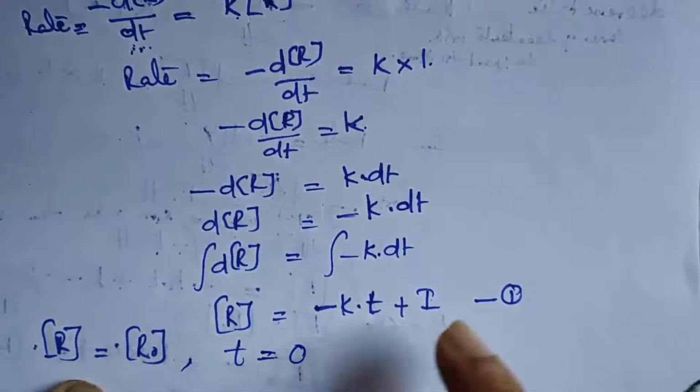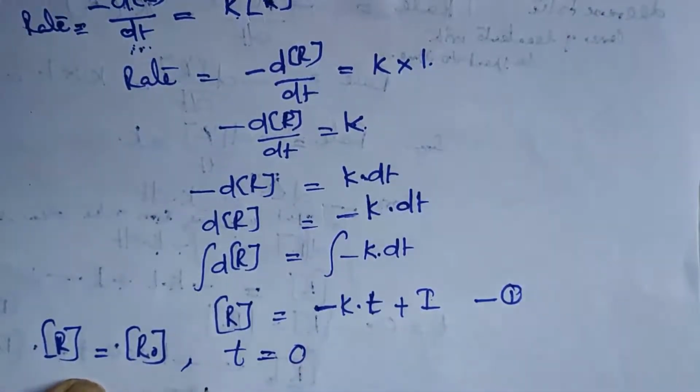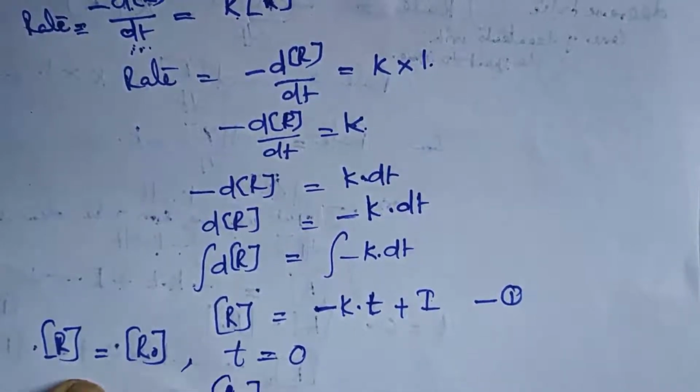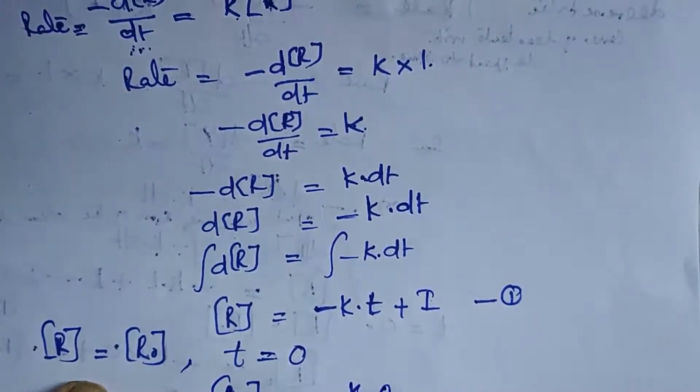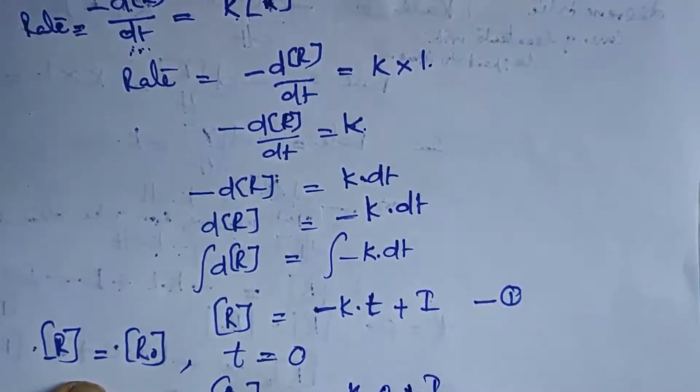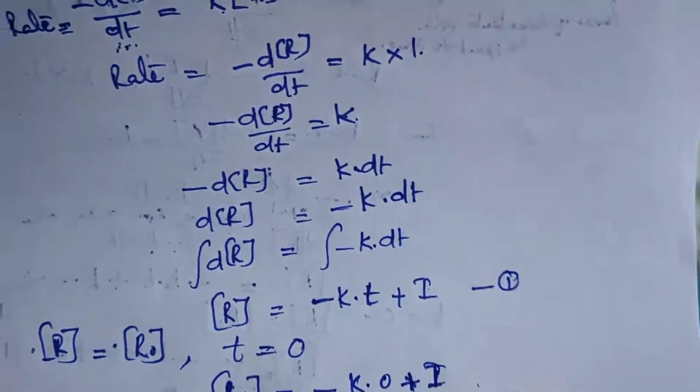Put these two values in the first equation. That means R0 is equal to minus k into 0 plus I. So minus k into 0 becomes 0.